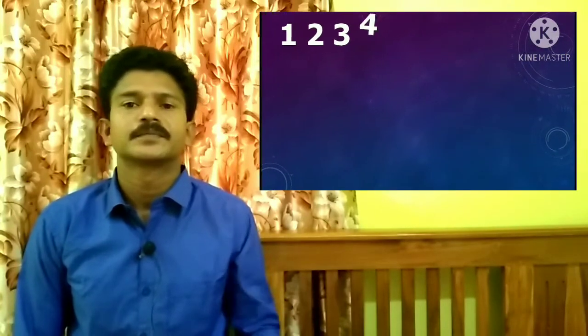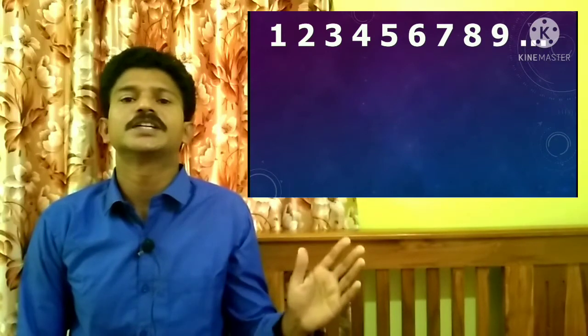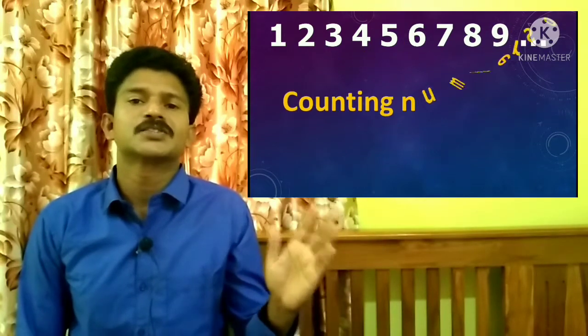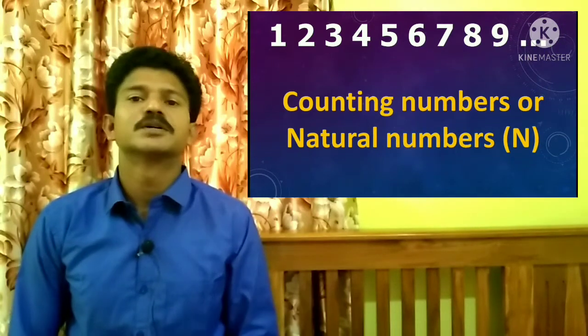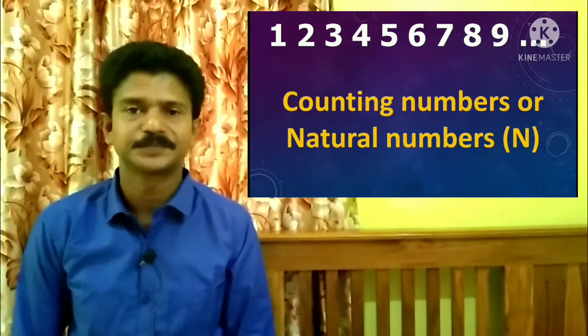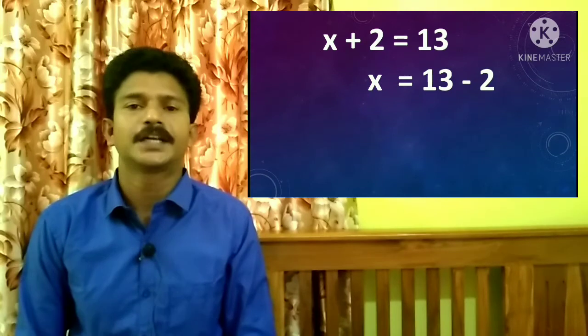As you can see on the screen, the numbers starting from 1, 2, 3, 4, 5, 6, etc., we call them counting numbers or natural numbers. Let us take this equation x plus 2 equal to 13.